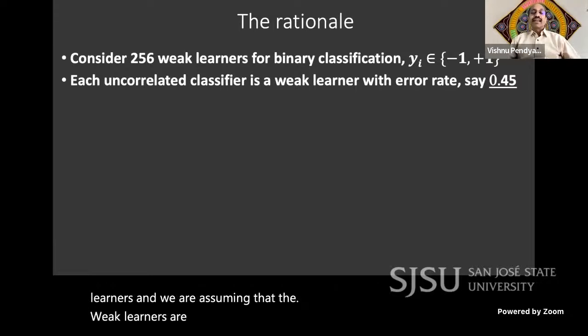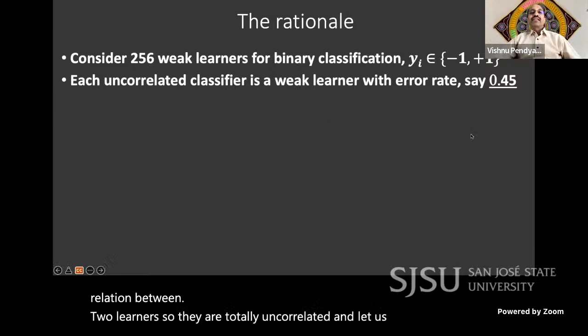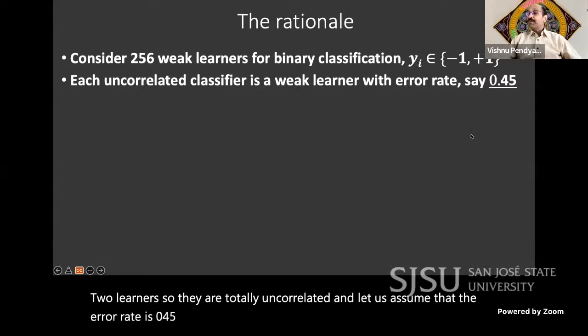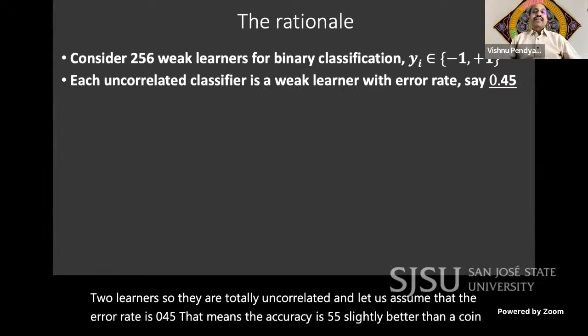That means they don't have any relation between two learners. So they are totally uncorrelated. And let us assume that the error rate is 0.45. That means the accuracy is 0.55, slightly better than a coin toss, right?